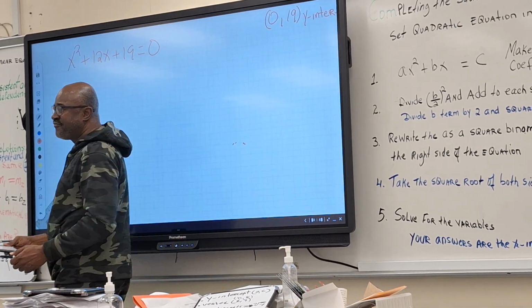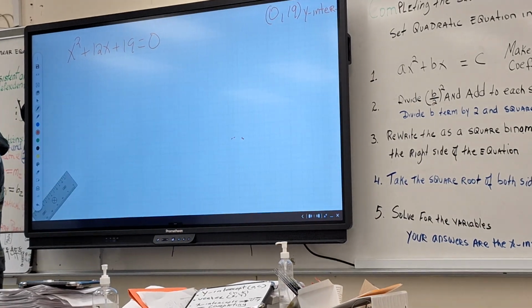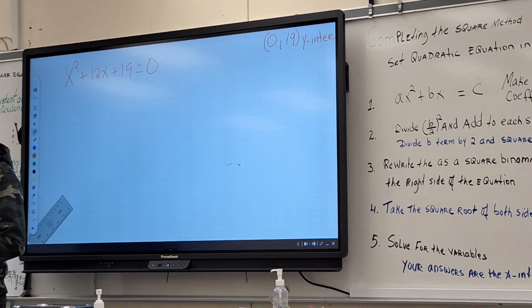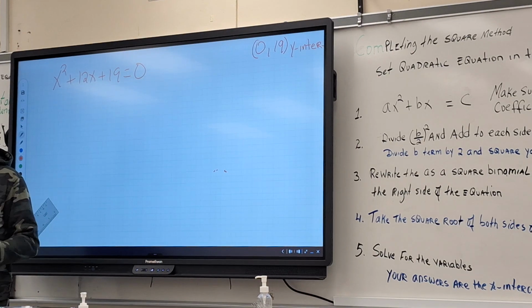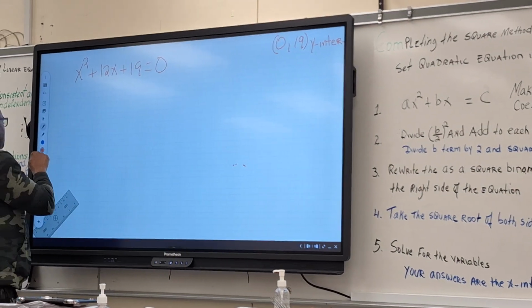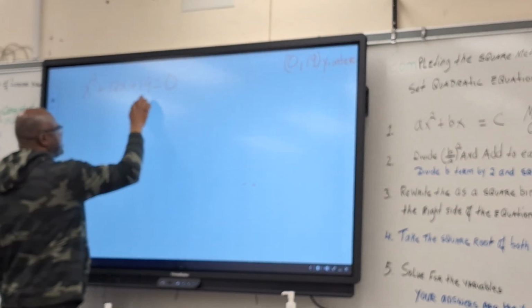Alright, now we're going to solve for x to get your x-intercepts, and this concept is called completing the square. What will you do? Minus 19, minus 19. Exactly, you subtract 19 from each side.